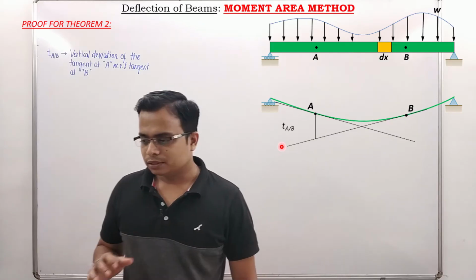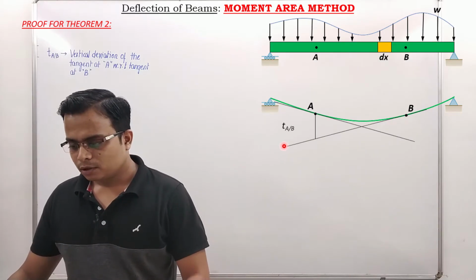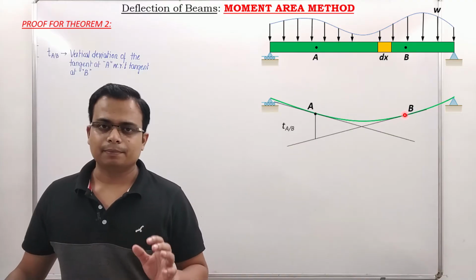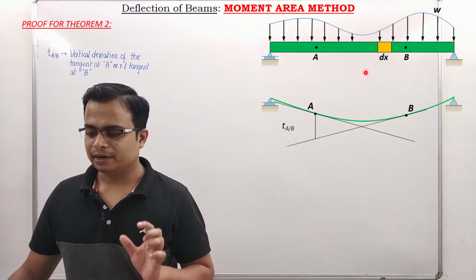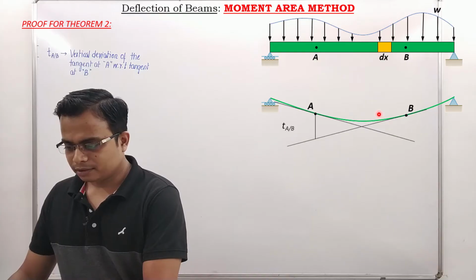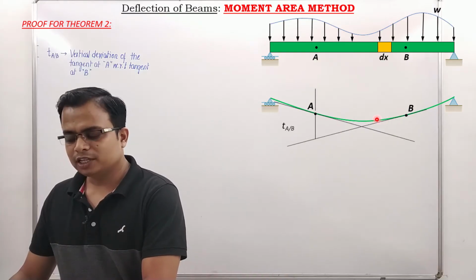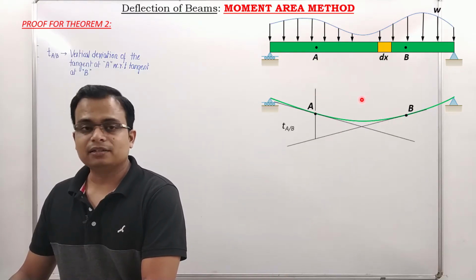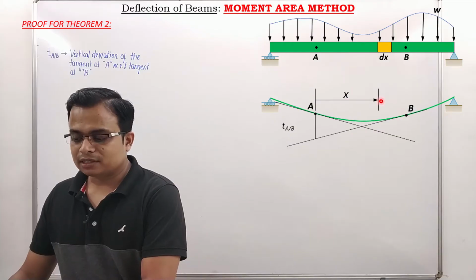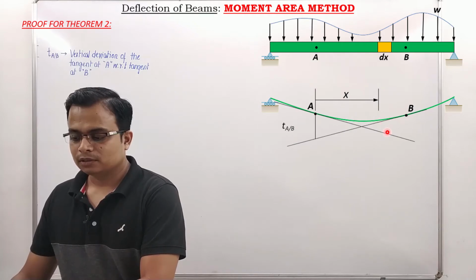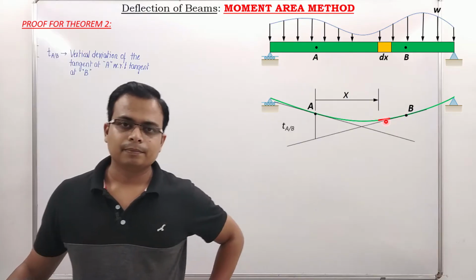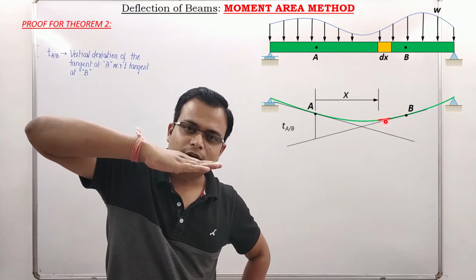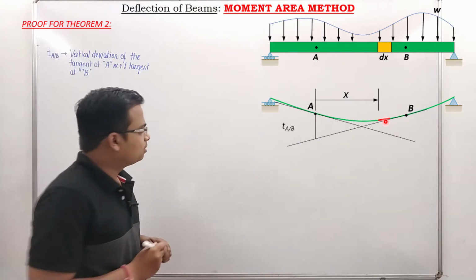Now what we need to do is just see this. Somewhere in between A and B, we will take a very small element, this dx element, x meters away from A. Something like this. You see this? Let me show that once again. This is that element. Obviously, it has slightly distorted, but remember this.